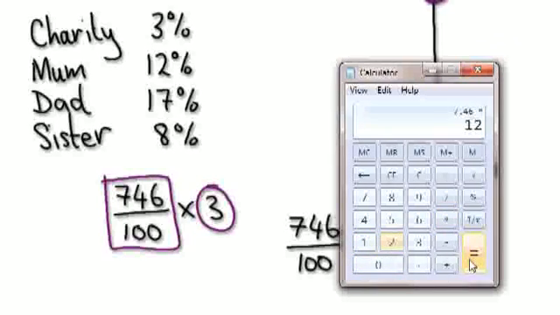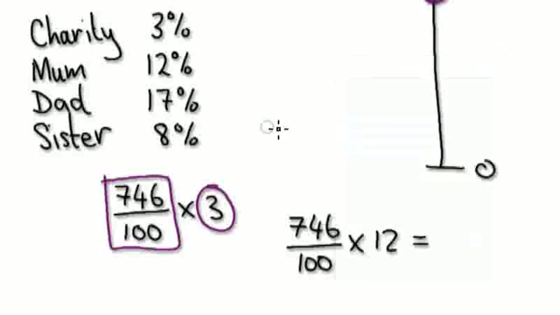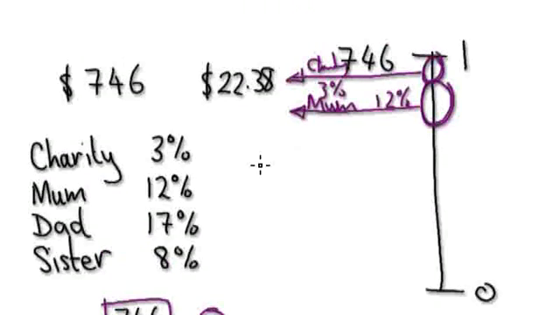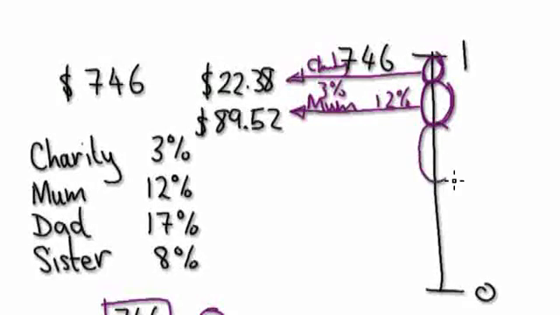So times 12 equals this. It equals 89.52. So this amount will go to your mum.